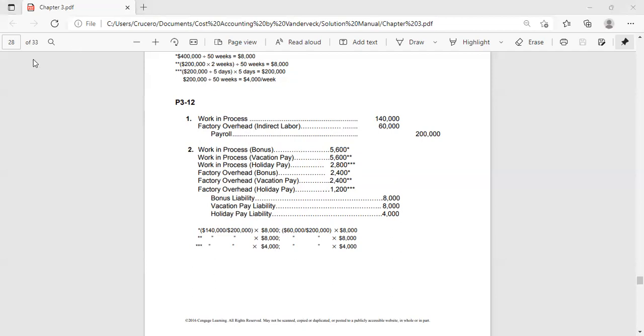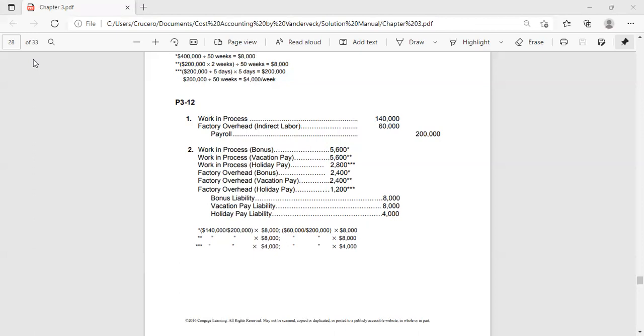So we have now in problem 3-12, debit work in process, and debit factory overhead for indirect labor, credit payroll. Then debit work in process for the bonus, and also for the vacation pay and the holiday pay. Then we debit factory overhead for the bonus, vacation pay, and holiday pay.